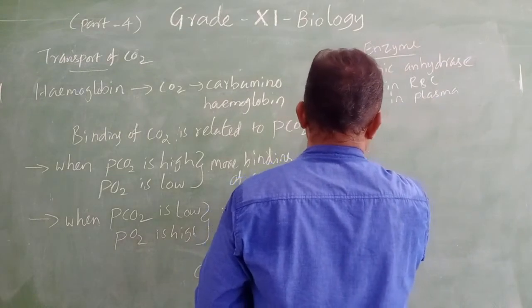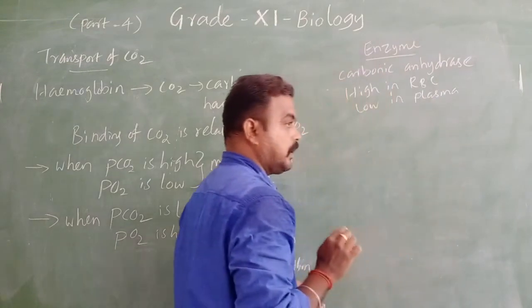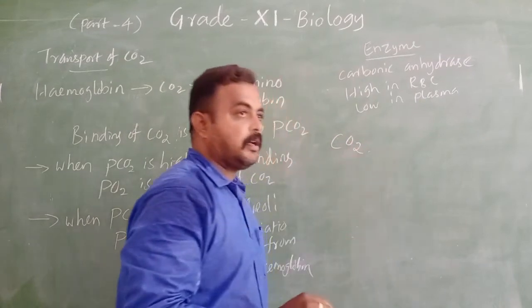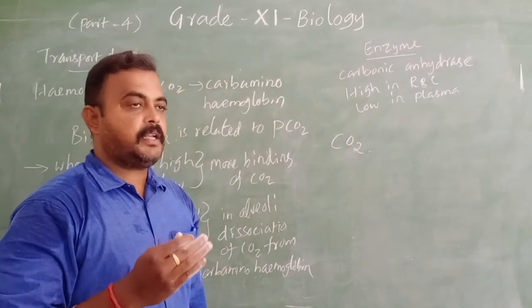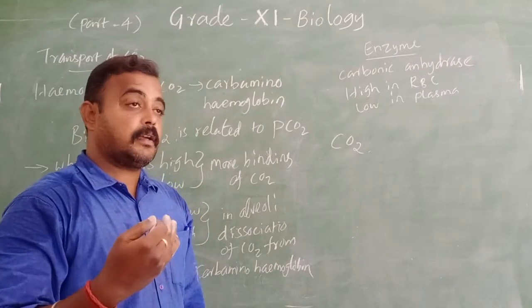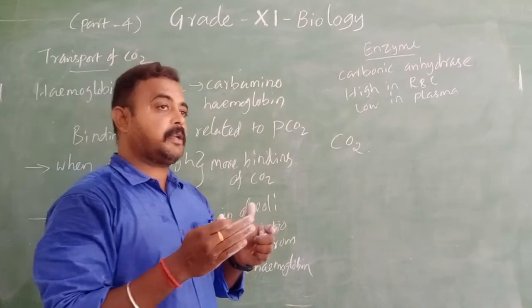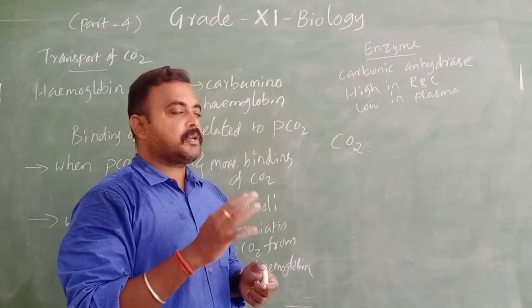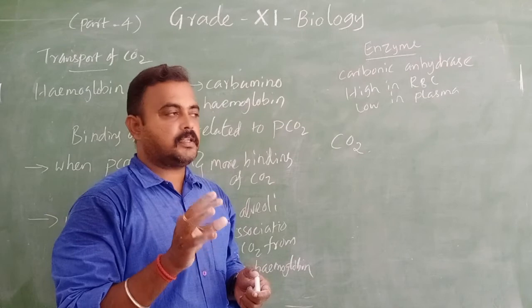Actually, in tissue, what has happened is due to the metabolic process. We have two types of metabolic process, anabolic and catabolic. So the catabolic process is happening in the cell.